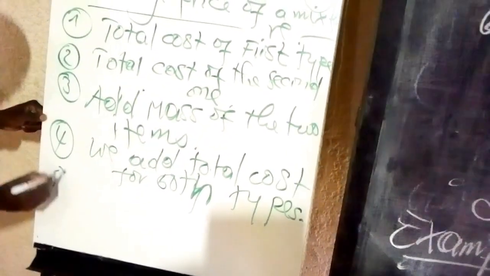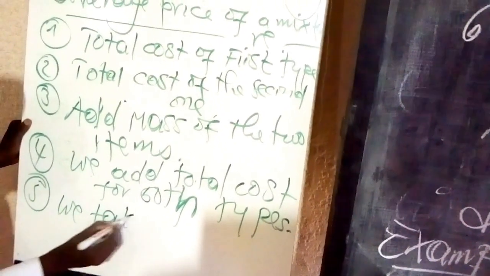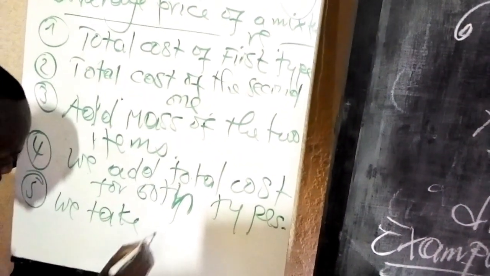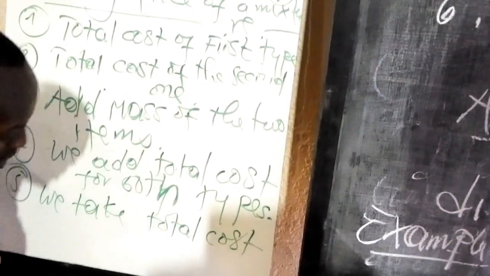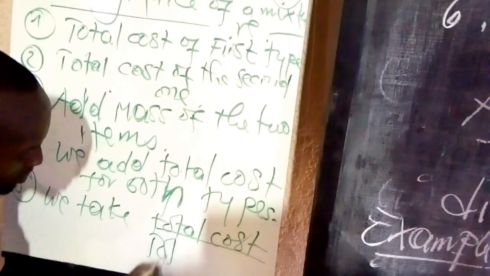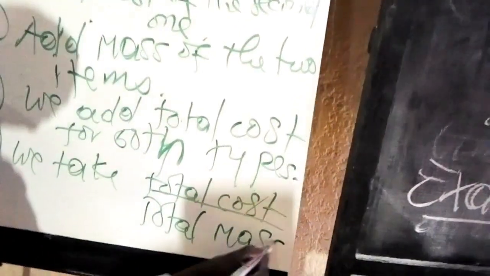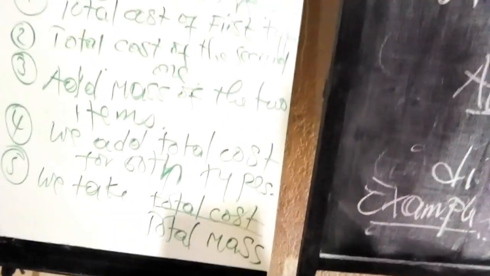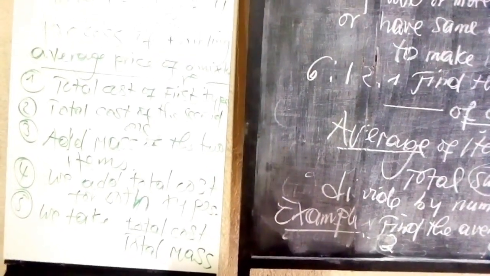Then the last, we take the total cost divided by the total mass. That is how we can find the average price of the mixture.